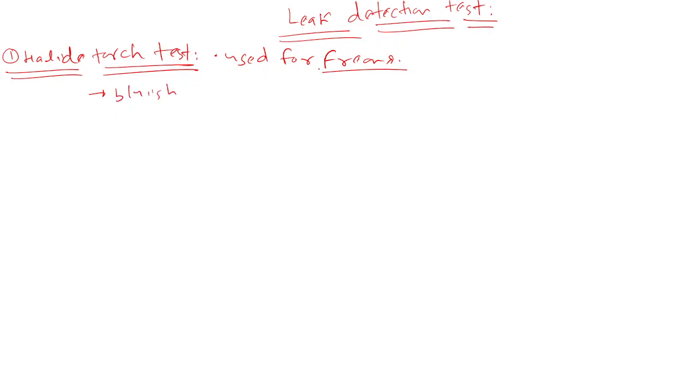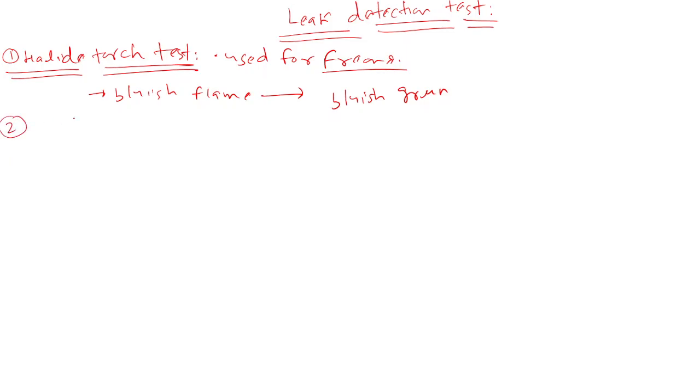Generally there would be a bluish flame, and if a leak is there, the bluish flame will convert to bluish green. Only this conversion you have to remember, and what it is used for.